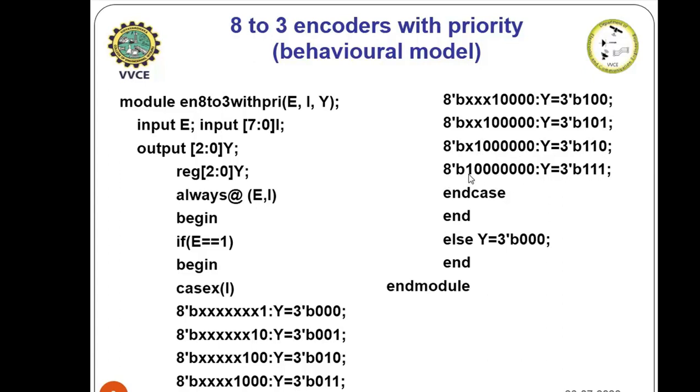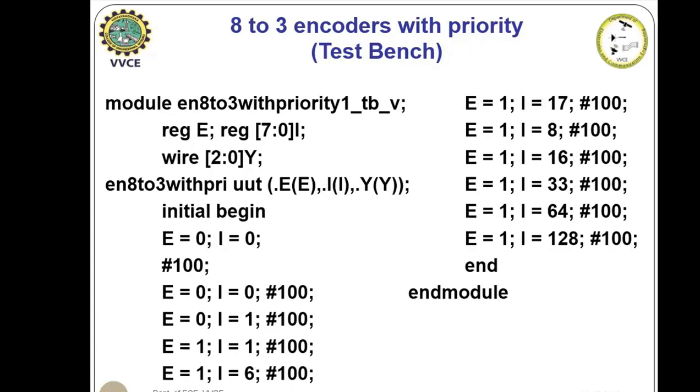And finally 1 followed by 7 zeros. Output will be 7. End case, end. If enable is equal to 0, y will be equal to 0, 0. End module. Now we'll go through the test bench of the 8:3 encoder with priority.